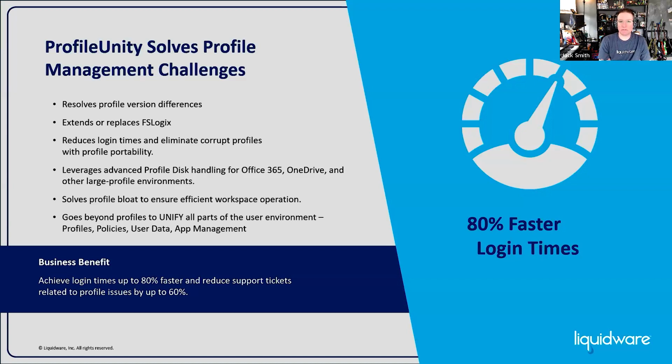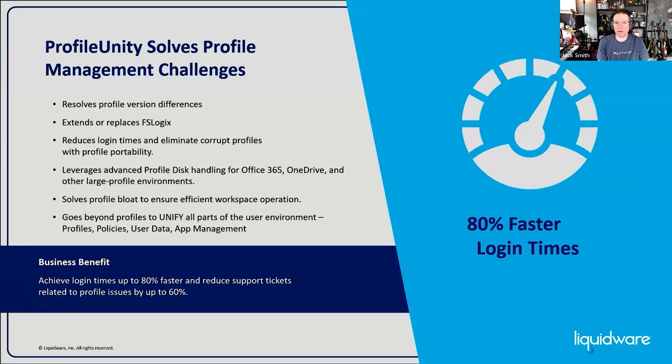We are pulling tables out of the registry. So we can move from operating system to operating system because of that, right? We're not trying to move those pieces around. We can extend and replace FSLogix. So we can say, all right, leave your old disk behind, create a new disk, move the settings over, let the disk rehydrate. We can help reduce login times and eliminate corrupt profiles because of that.